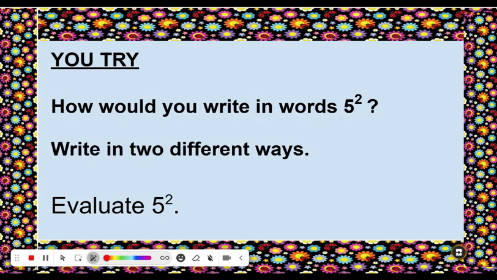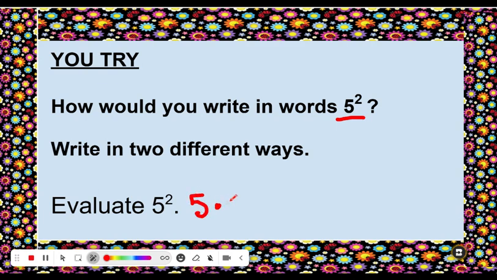How would you write a base of 5 with an exponent of 2 in words? 2 different ways. You can say it's 5 squared, or you can say it's 5 to the 2nd power. The next question is asking you to evaluate 5 squared, or 5 to the 2nd power.